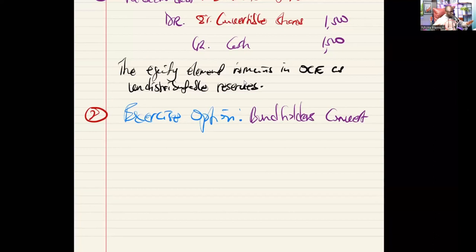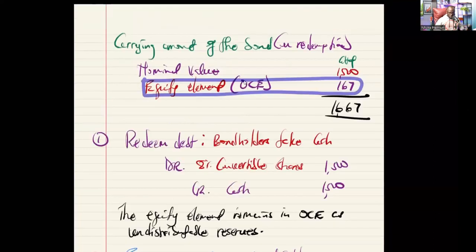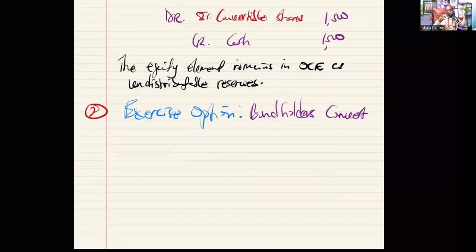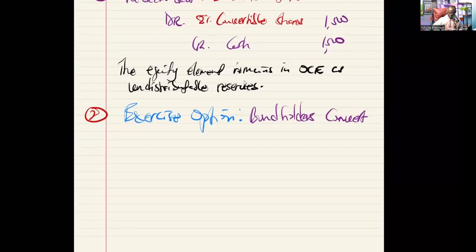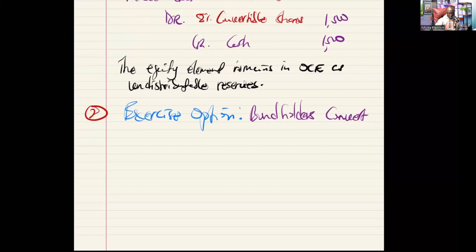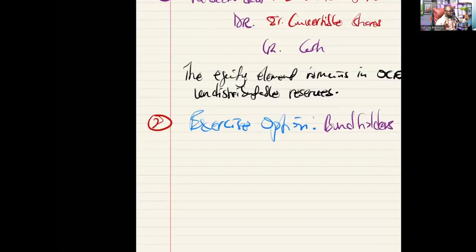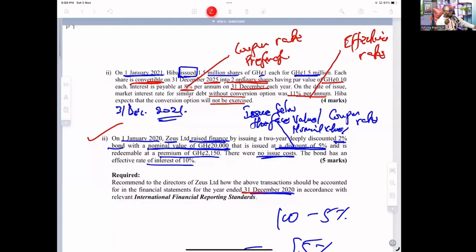Please stay with me carefully. We still have 1,667 in our books, but what will be the nominal value of the shares they will get? Go back to the question. Let's pick that up. What are we told? We are told that each share is convertible on 31st December 2025 into 2 ordinary shares.